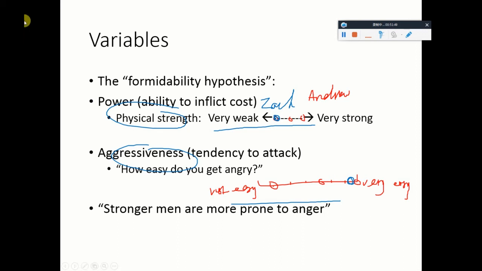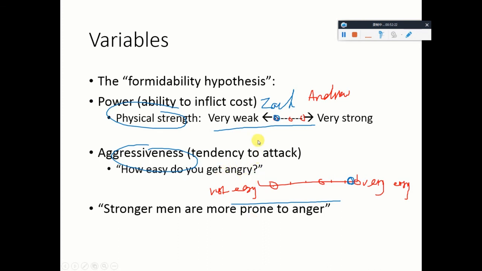Lastly, we talked about variables. Variables are yet another type of concept or a type of construct, only this time variables are concepts or constructs that can take on different values, right? So these are different values. Strong and weak are the two values for physical strength. Not prone to anger and prone to anger are two values for anger, right?